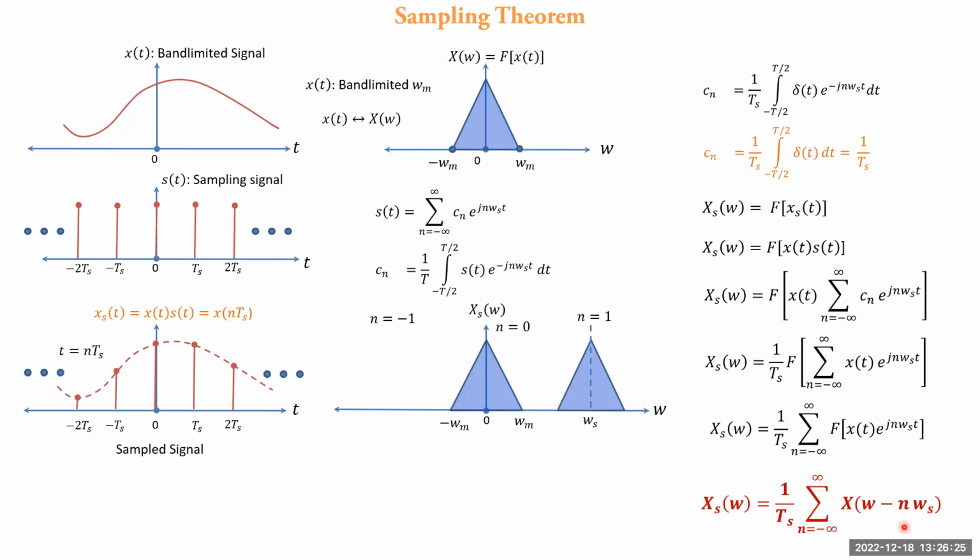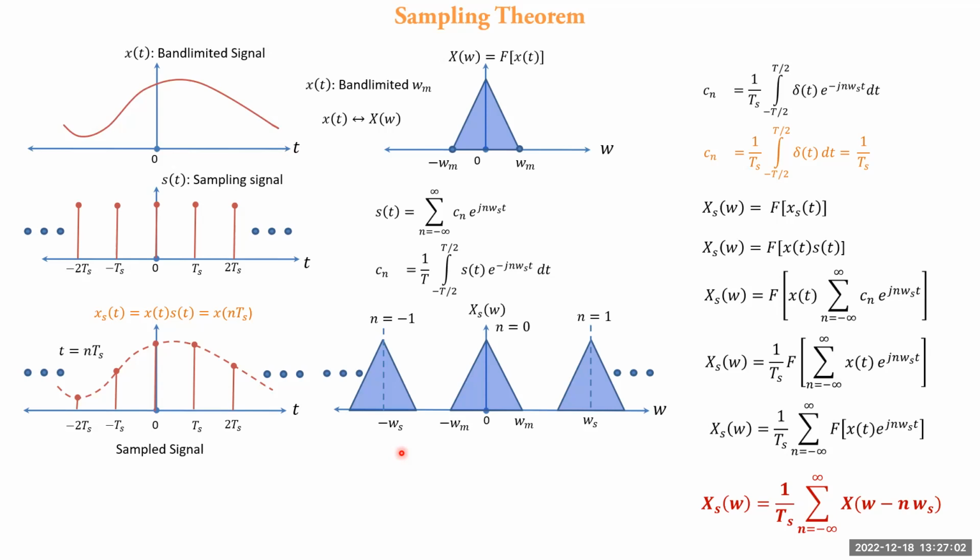When n is equal to minus 1, xs of omega becomes x of omega plus omega s, which means x of omega will reproduce at minus omega s, and it will continue up to infinity because n varies from minus infinity to plus infinity. So the spectrum of the discrete time signal is nothing different, except that it becomes a periodic version of the original analog signal.